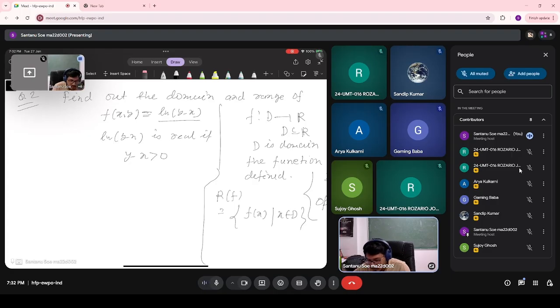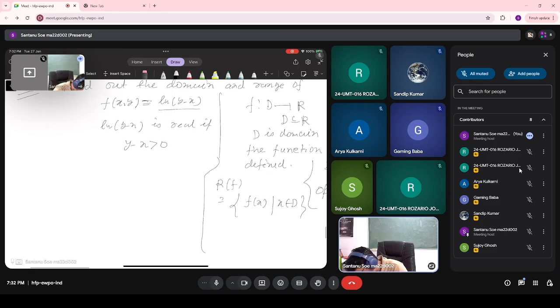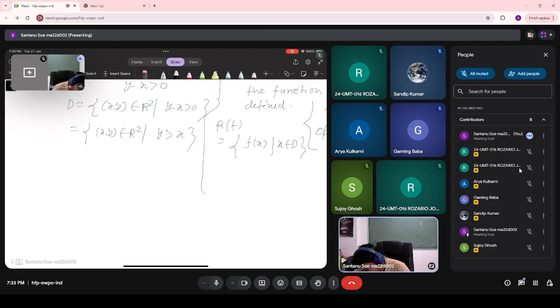If y minus x is less than 0 or y equals x, the logarithm does not exist, because it takes only positive real values, right? So the domain is the set of x comma y in R2 such that y minus x is greater than 0. In other words, x and y in R2 such that y is greater than x. Okay, so this is the domain. What about the range?